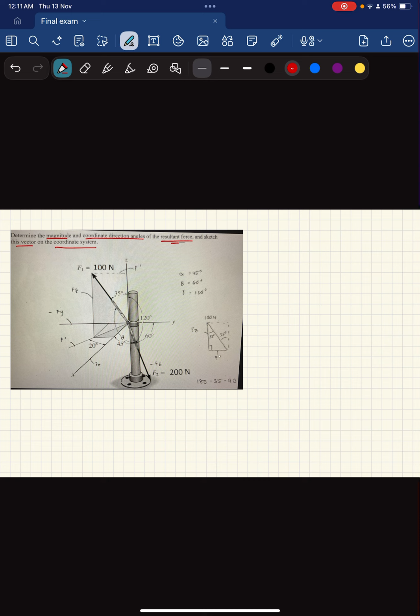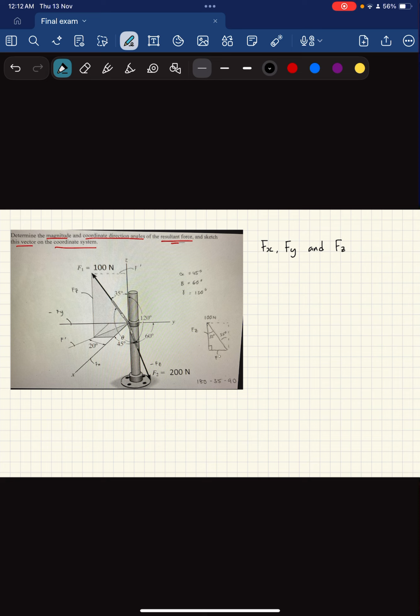So the first way to approach this problem is to find the components in terms of Fx, Fy, and Fz. We have to find these three components, right? That's the most important thing actually.